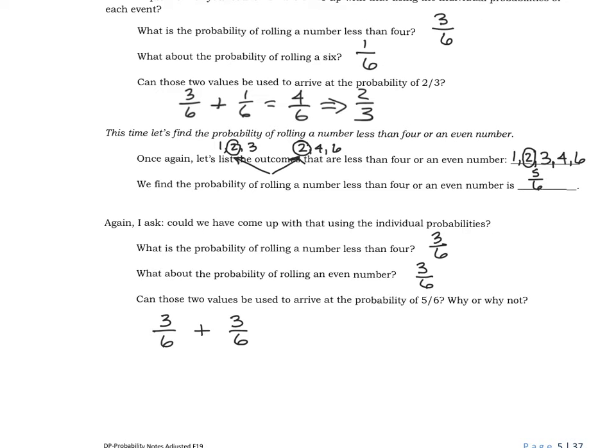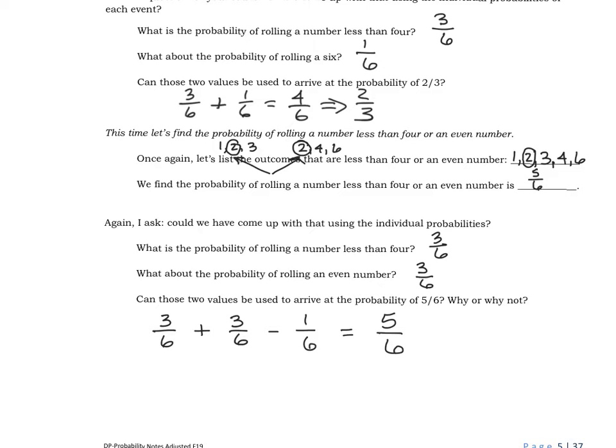Well, what's the probability of their intersection, the intersection of these two sets, if you will? Well, there's a 2 that belongs in both groups, both categories. So the probability of rolling a 2 is 1 out of 6. So you see we have 3/6 plus 3/6 minus 1/6, and there is your 5/6.